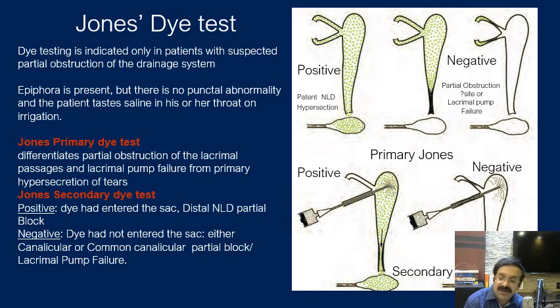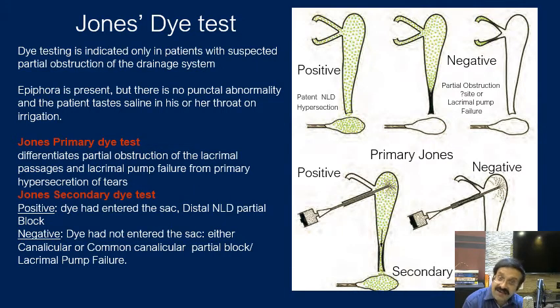Again, a cotton tip applicator is put into the nose, you do an irrigation, and you see whether there is dye in the cotton tipped applicator. If there is dye, it's positive, and if there is no dye even after you are doing it, it's negative. Positive in the secondary Jones test means that the sac was filled with the dye in the first place, but it was not being drained into the nasopharynx.